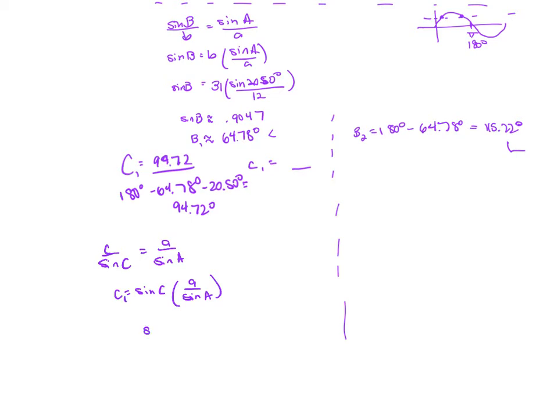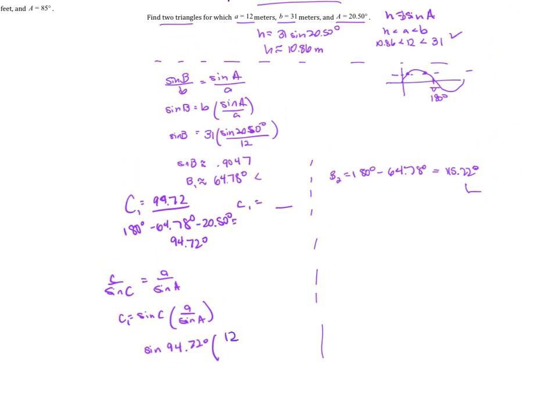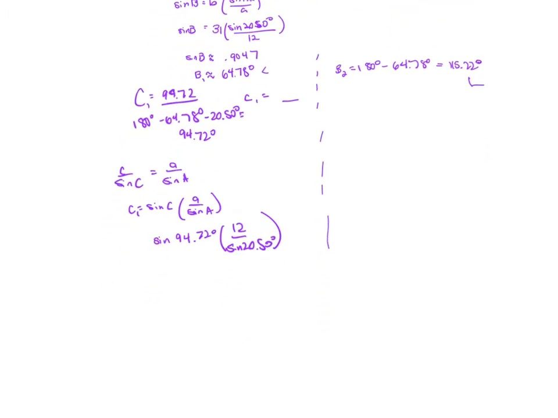So we know sine of 94.72 degrees times a, so a is 12, over sine of 20.50 degrees. So that gets us side c. c, therefore, is approximately 34.15 meters. Okay, so we figured out c1.